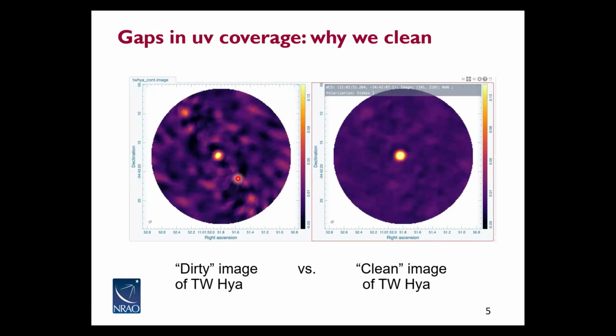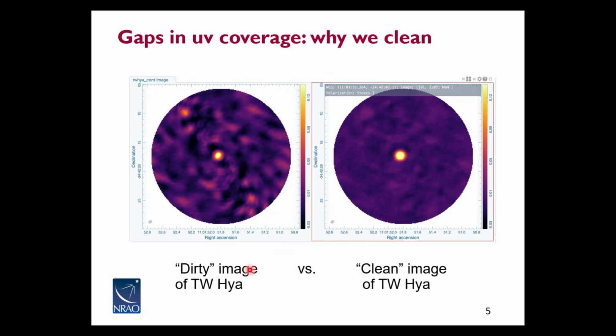The reason why we need to clean our image is because there are gaps in the UV coverage. Here you are seeing a dirty image and a cleaned image of TW Hydrae.